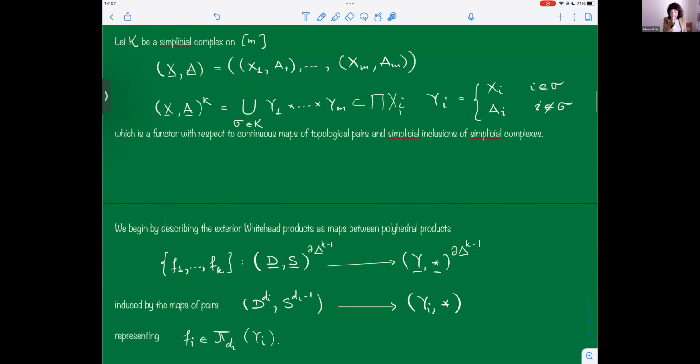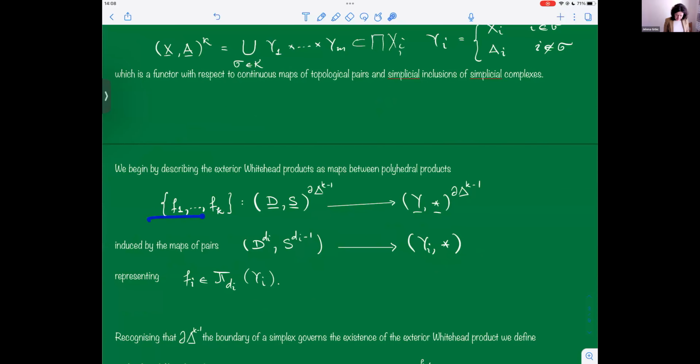We know the Hardy identity amongst the exterior Whitehead products. So we will first rewrite Hardy's exterior Whitehead maps in terms of maps between polyhedral products. Okay, so what do we have?